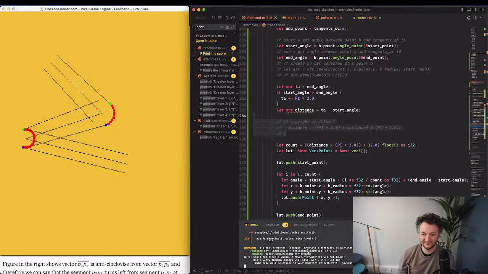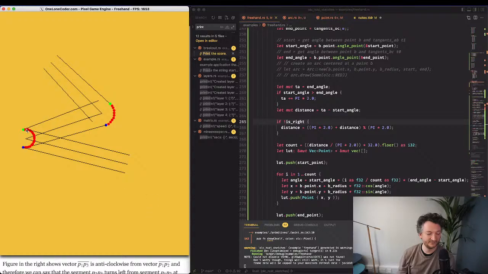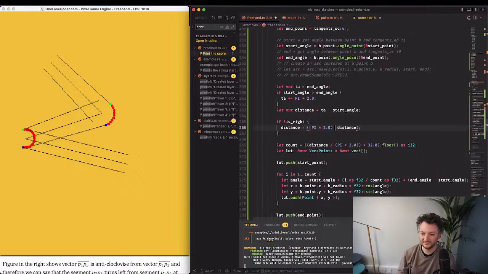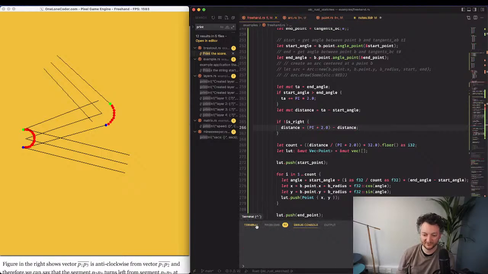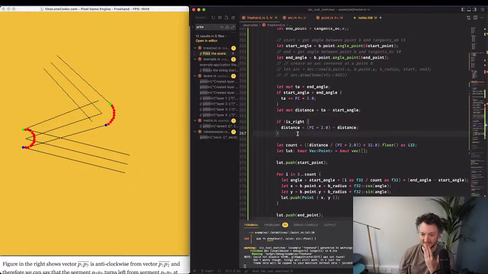Okay, hold on. You know what? I think actually this is giving me the correct distance, if I look at the way that these are spaced out, maybe. Yeah, I was right before. We still haven't solved the sweep flag. And then I forget how I draw the other sweep.